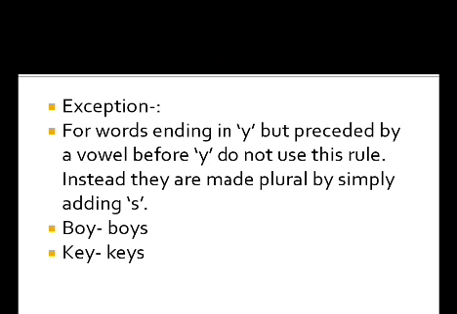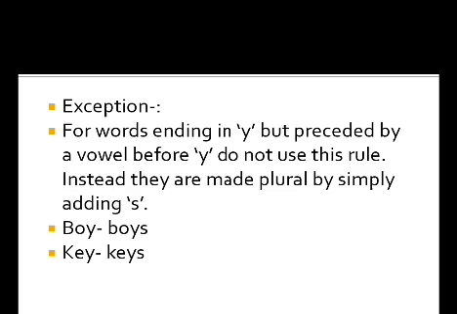But we have an exception in this rule. Exception means certain words that do not follow this rule even though they end in y. For the words that end in y but are preceded by a vowel before y, such words do not use this rule. Instead, they are made plural by simply adding s. For example, boy.